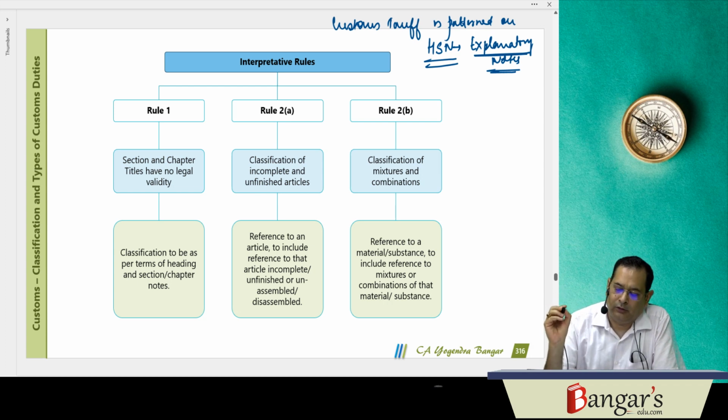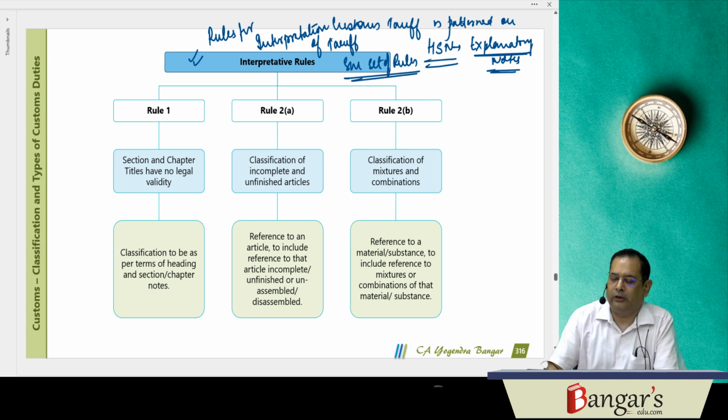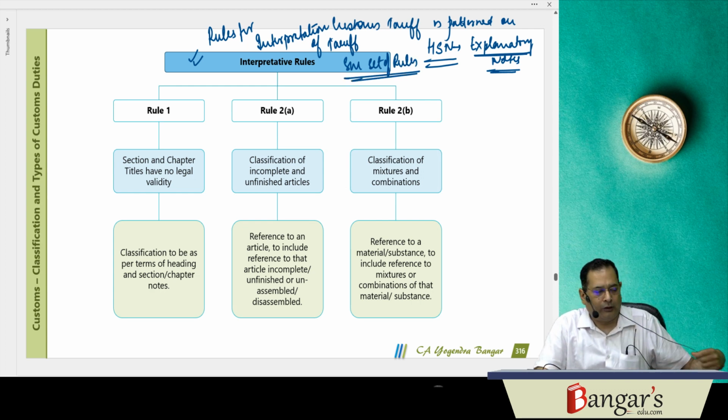Besides this, we are having rules for interpretation of tariff. Basically, 6 set of rules are there for interpretation of tariff.